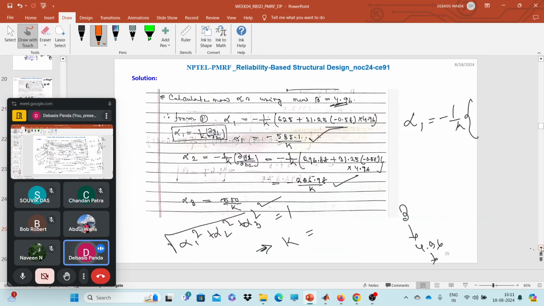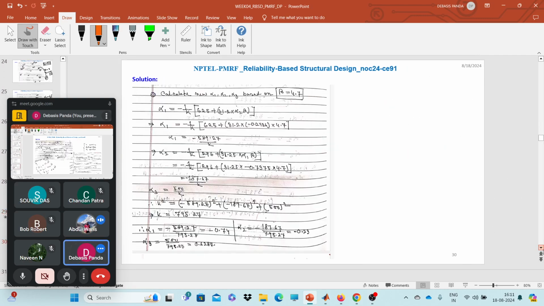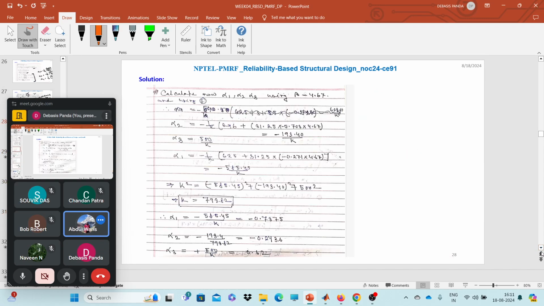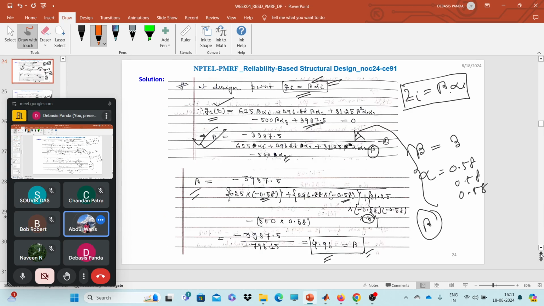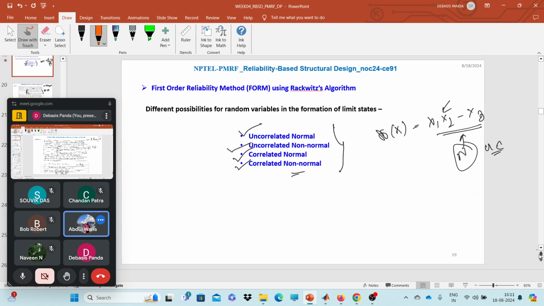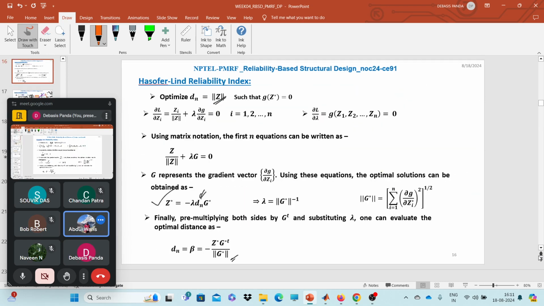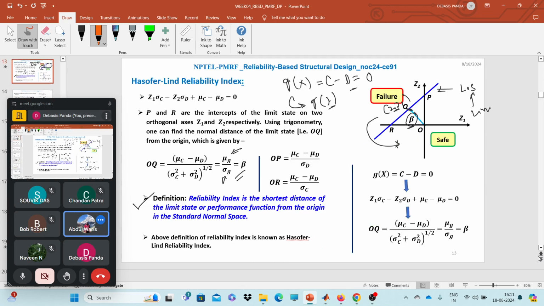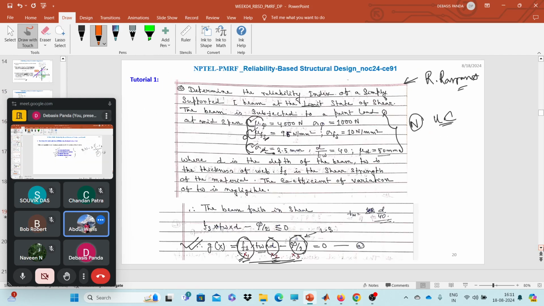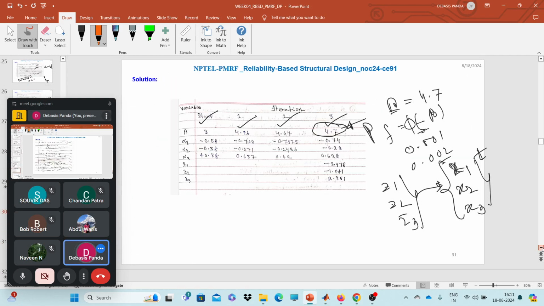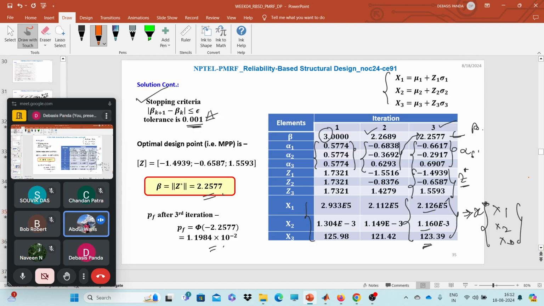And this problem we have just solved here. Let me go to the problem first, then I will discuss it. Look at this problem.